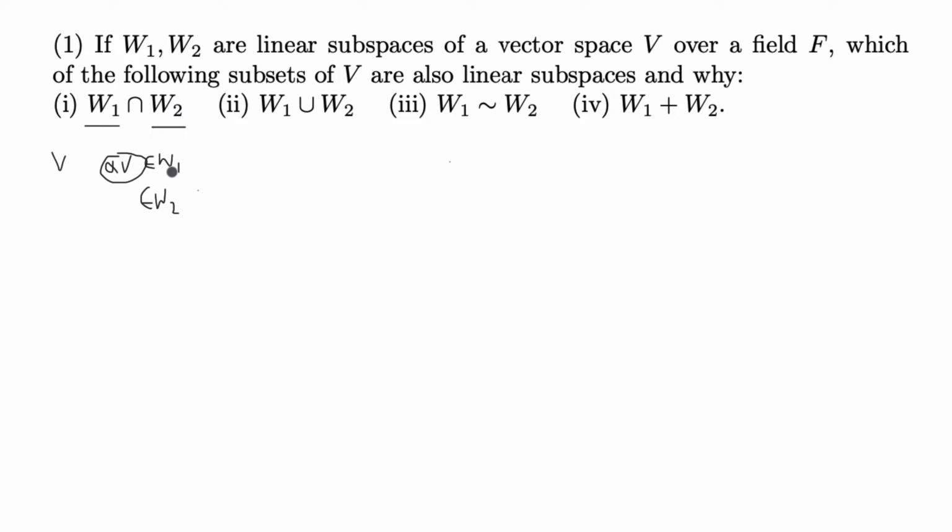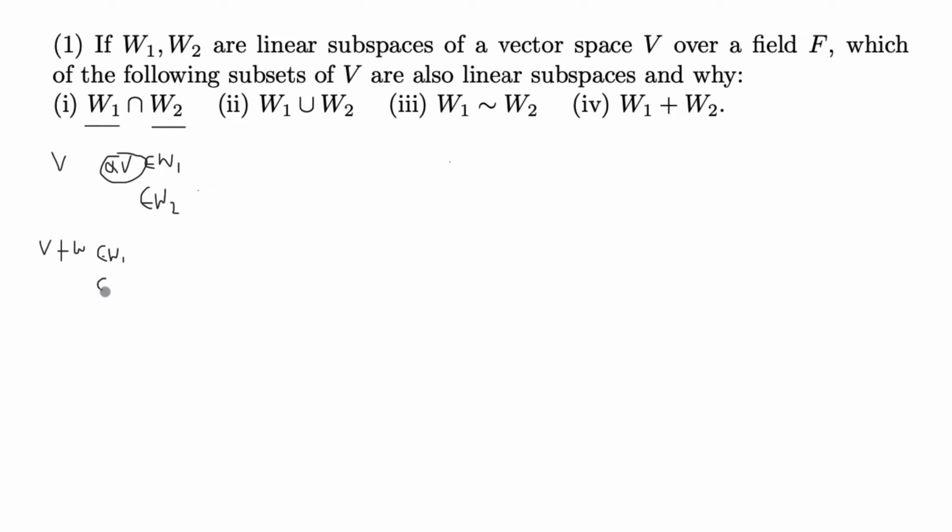Next, let's choose any two vectors, V and W, taken from the intersection. Since V and W are in the intersection, they're both in W1, therefore the sum is in W1. And for W2, since V and W are in the intersection, V is in W2 and W is in W2.